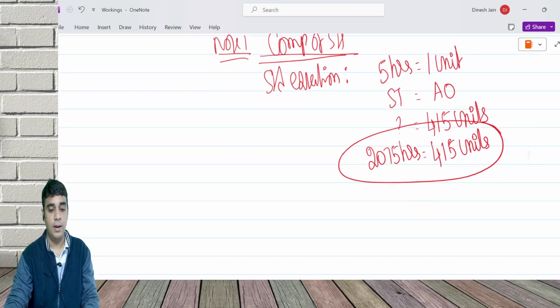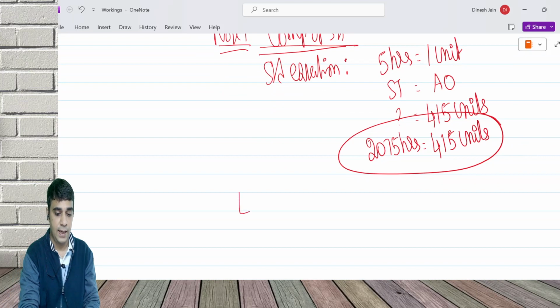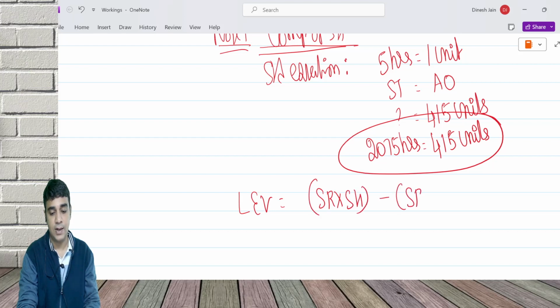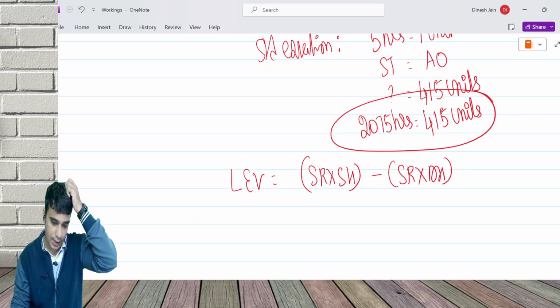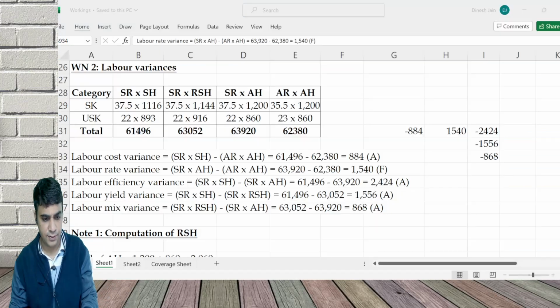Come down. Labor cost, which variance is there? Efficiency variance is equal to SR into SH minus SR into AH. How much is the efficiency variance?